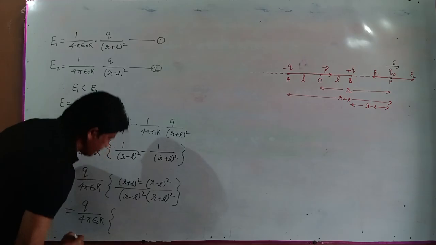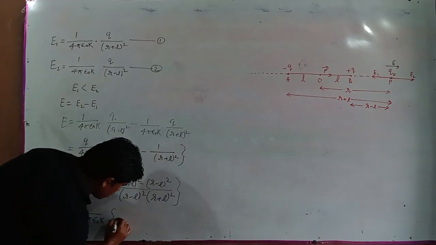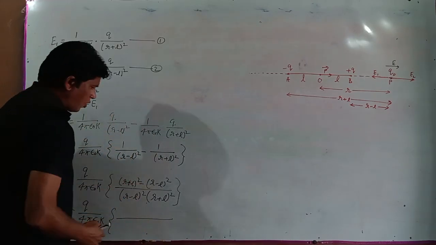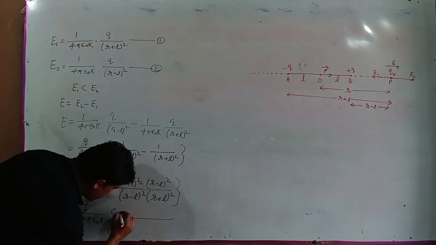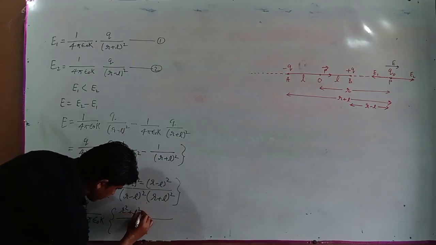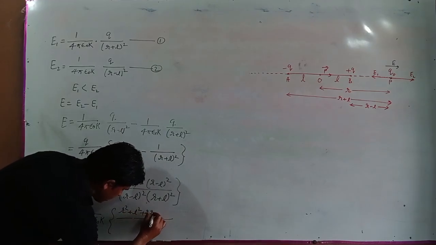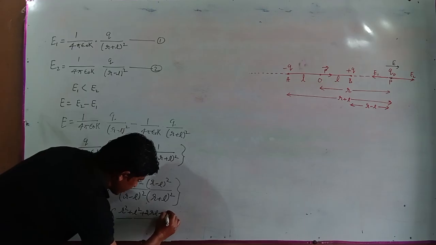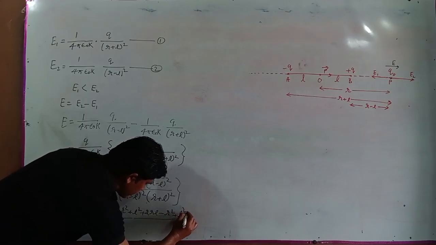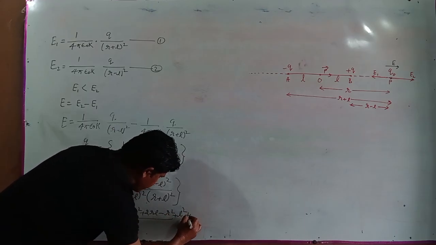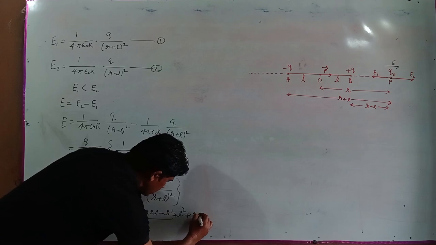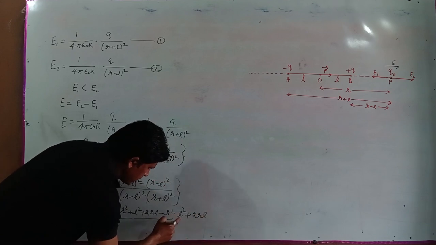Open curly bracket. On expanding the squares of the numerator we get R square plus L square plus 2RL minus R square plus L square plus 2RL. This will become minus.